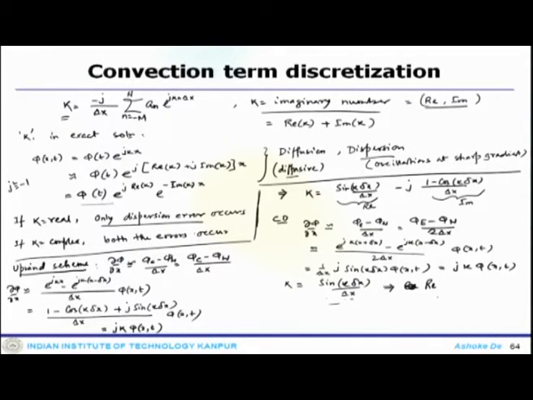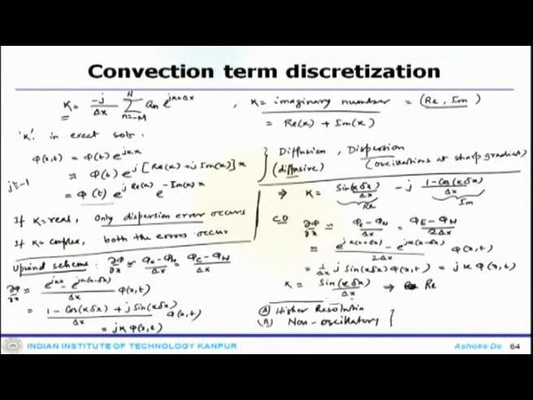Now, having an idea about these different errors, numerical dispersion, it is quite desirable to develop a convective discretization scheme which is non-oscillatory and of higher order accuracy. So, we need two important properties: number one, higher resolution, and second, non-oscillation.